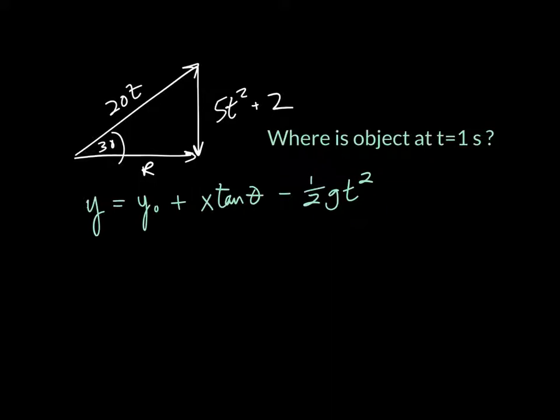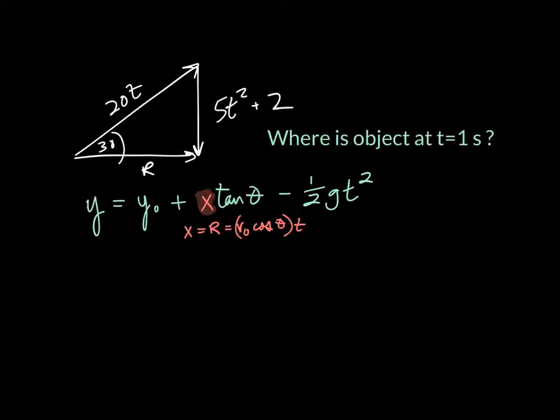Well, one way to do that is I can, in fact, rethink what x is here. In fact, x equals r, technically speaking. The x position is going to be the range, all right, which is going to be v naught cosine theta, that's the x part, times t.